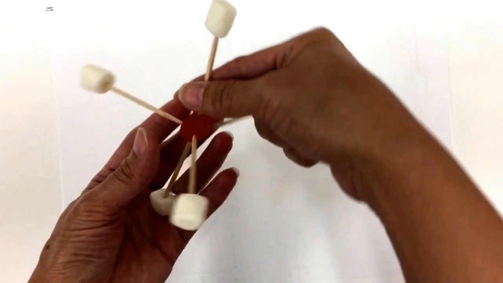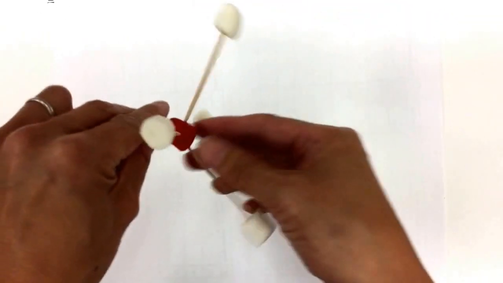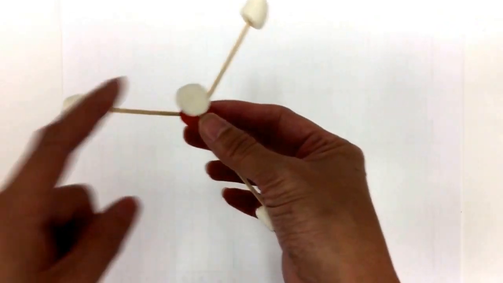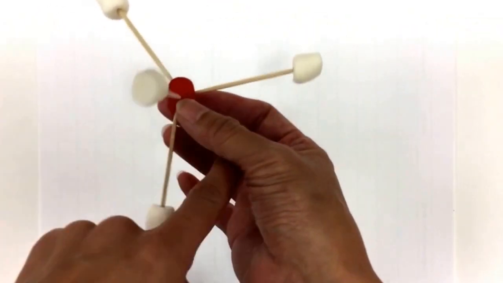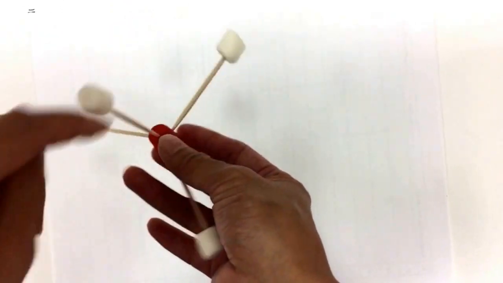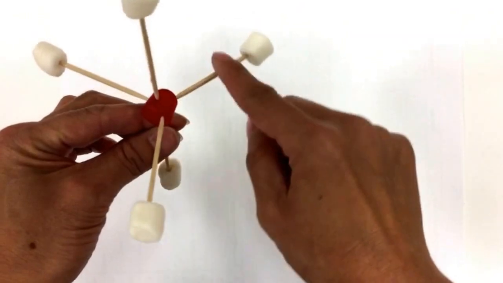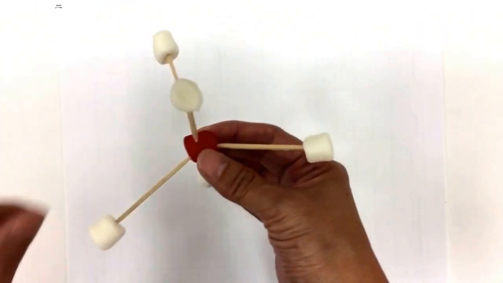Thus, it's called trigonal bipyramidal. The 2 angles in this shape are 120 degrees, where it's trigonal planar, and then, of course, 90 degrees right here where it's perpendicular to the trigonal planar, whether it be on the top or the bottom, 90 degrees between those bonds.